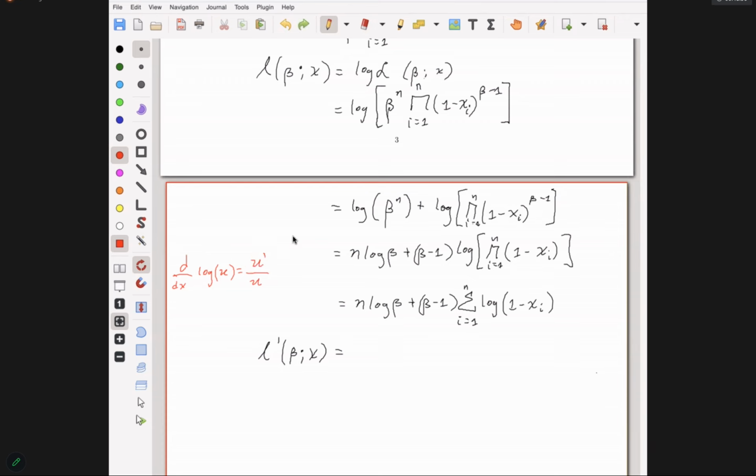So that's what we're applying here again. Or we can just say that the simplified version is that the derivative with respect to x of log of x is 1 over x.